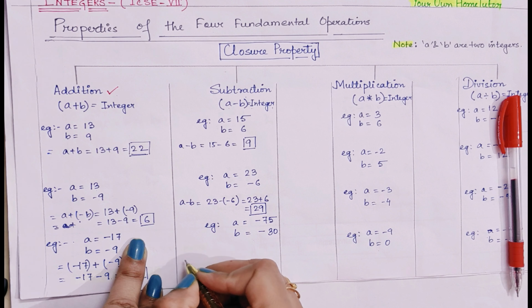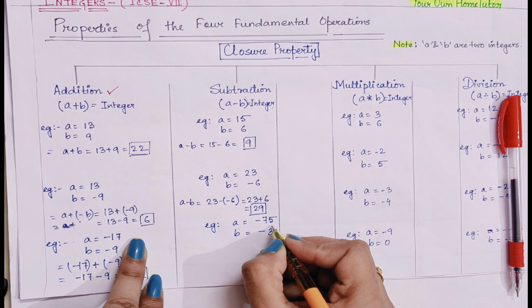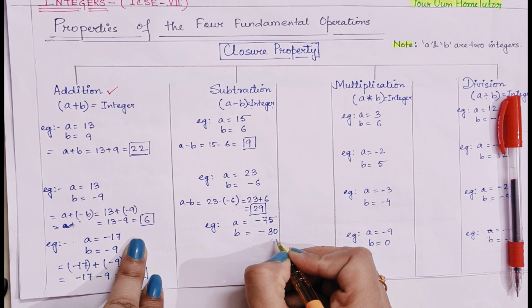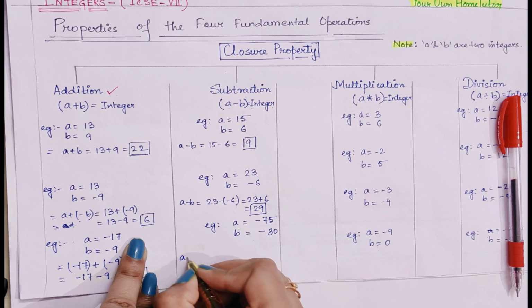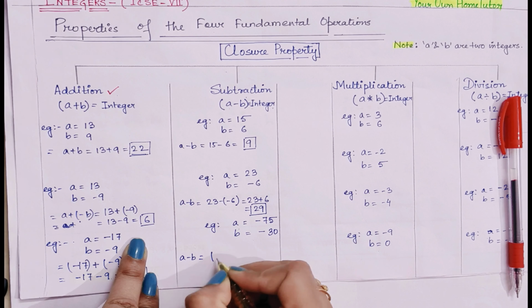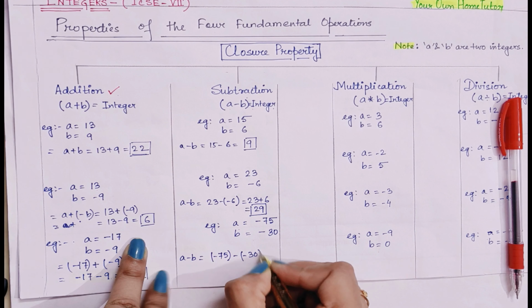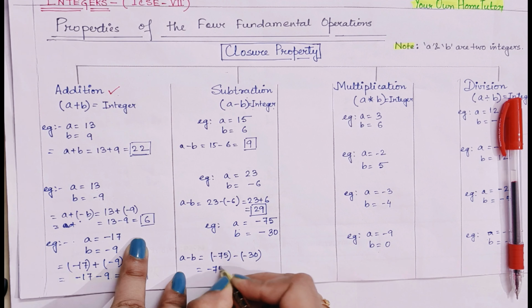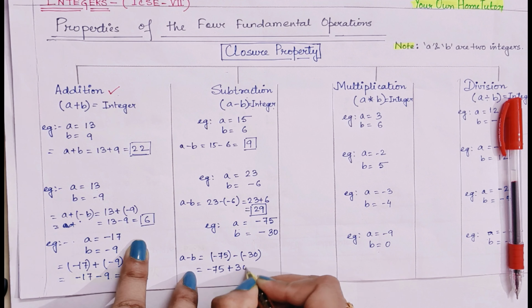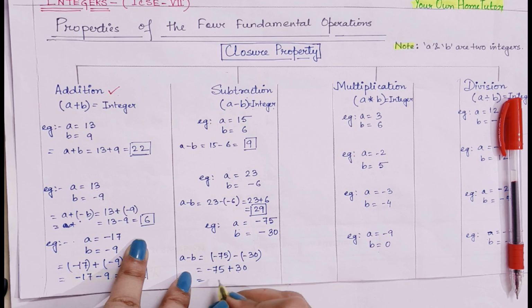Again, third example, a is equal to minus 75 and b is equal to minus 30. So if I subtract these two, then what I get? Minus 75 minus of minus 30, that is equal to minus 75 plus 30. Different signed integers will get subtracted. The result will be 45.